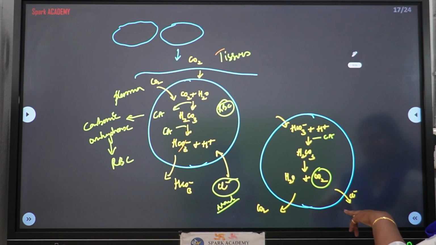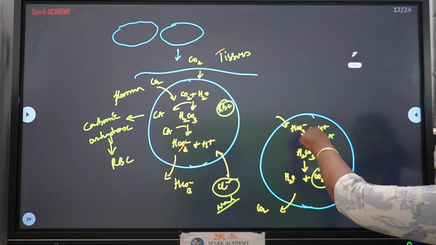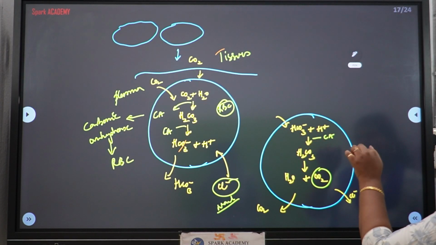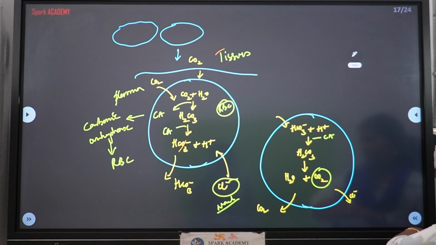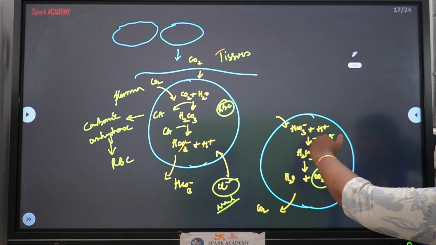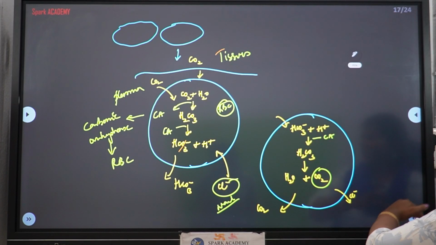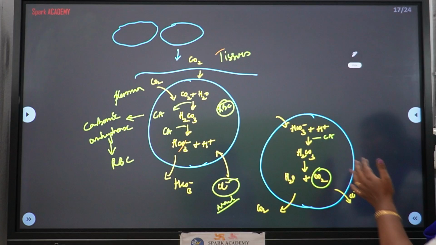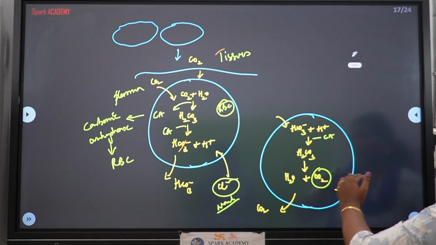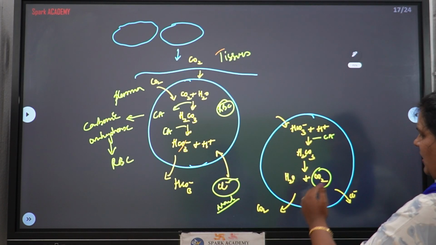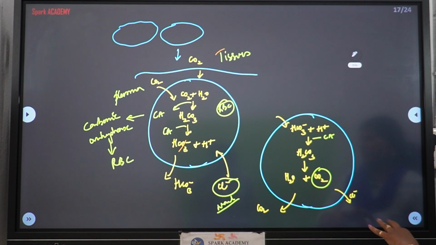Now here, if you can see, bicarbonate ion is entering, and at the same time chloride ions come out. Since bicarbonate ions enter, the chloride ions which entered previously exit out. This reaction is called reverse chloride shift.